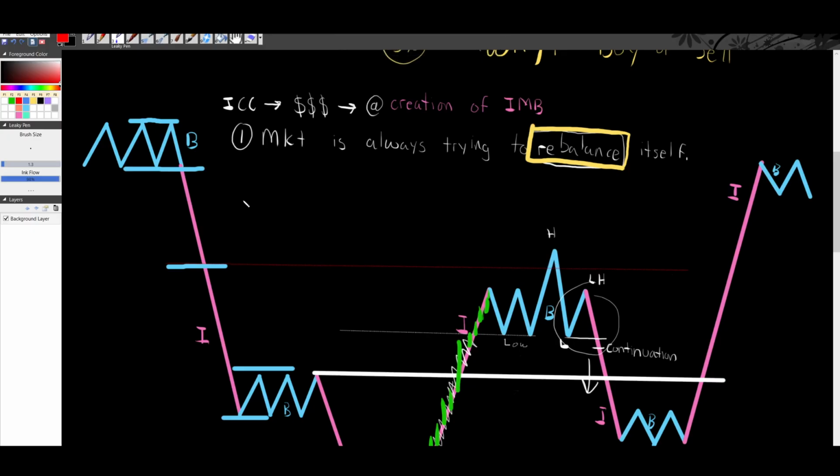Sellers exist above 50%, and then buyers exist below 50%. Okay? So now this is why I drew this way. The sellers got in the market over here.